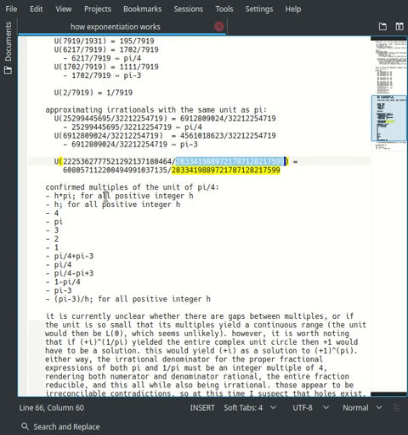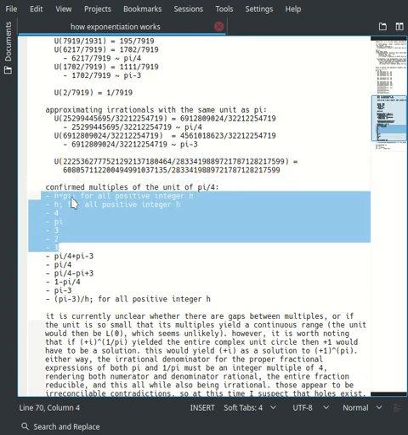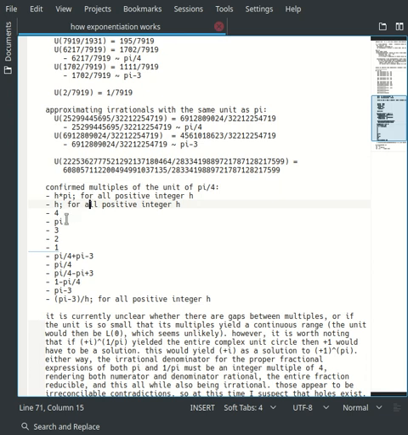And then playing with that, I got these confirmed multiples of the unit of pi on 4. So any multiple of pi, or any positive integer multiple of pi, any positive integer itself, pi itself, obviously. So basically this whole top part right here is sort of repetitive, because those first two give you those.